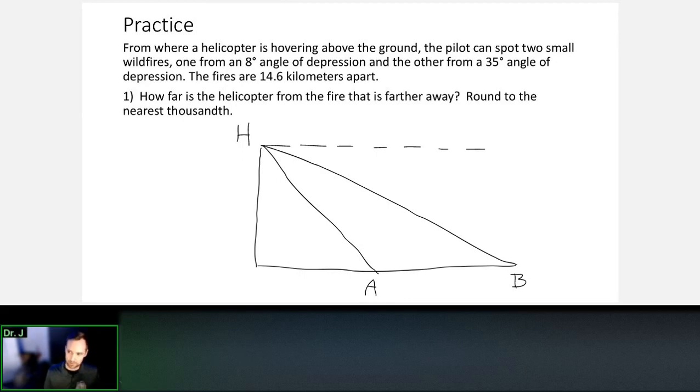Please share how yours may be different. Okay, you didn't add the vertical line. Okay, mine was a right triangle. Yours wasn't a right triangle. Okay.